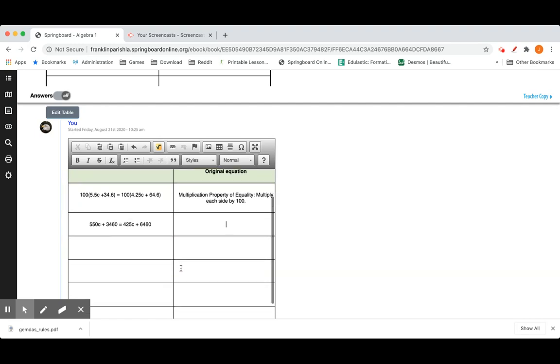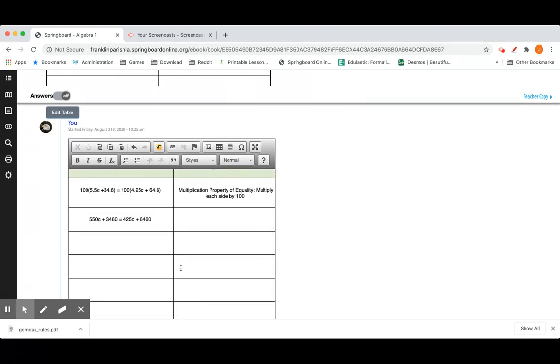Now, the next step, we want to move everything that's a like term to one side so that we can combine like terms eventually. So, as I said, we can either move all the variables to the left or all the variables to the right.